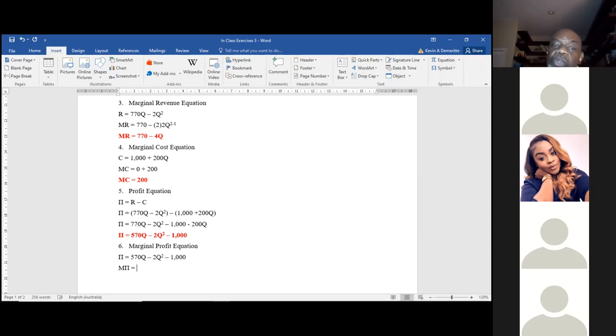But rule number 4 says if you have an equation with a bunch of pieces, you just take each piece separately. Okay, so let's start with the 570Q. That's a number in front of a letter. That looks like rule number 2. Let's go back to our notes.